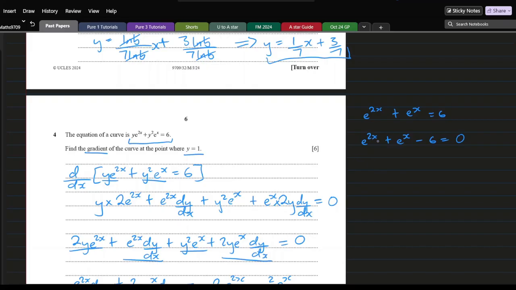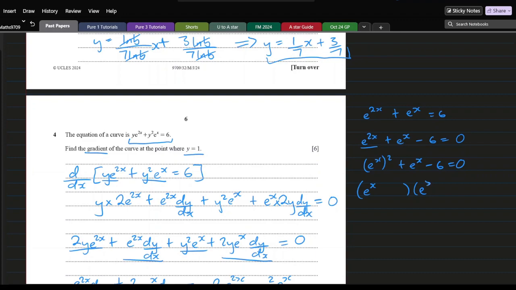Okay, and so this is a hidden quadratic because this here can be written as (e to the x) squared plus e to the x minus 6. This is equal to 0. So let's factorize this.